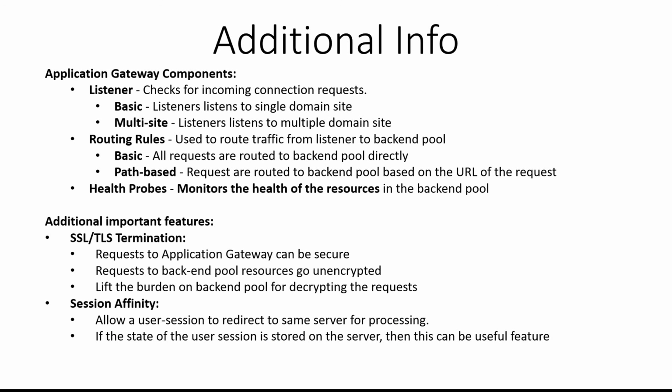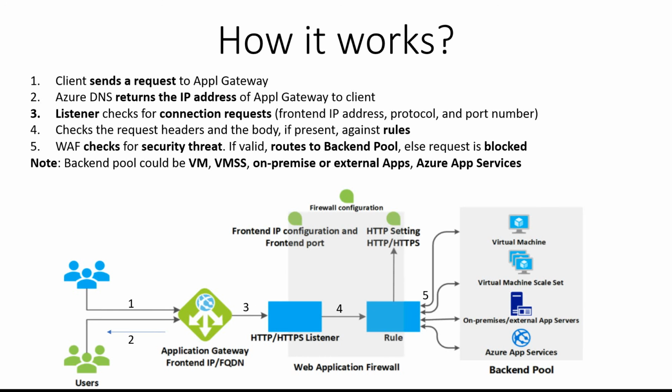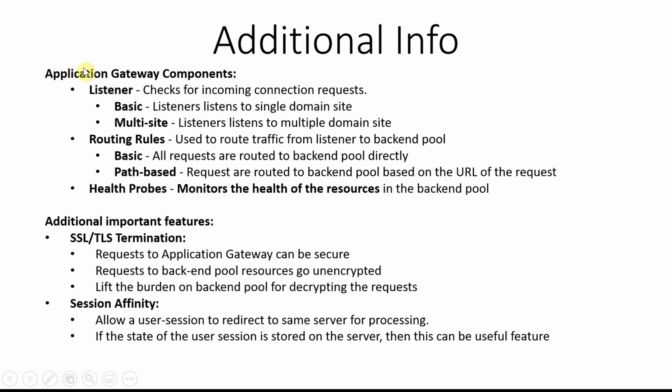And the other input is this listener, as you saw. The listener has combinations, so you have choices to make while applying this rule. You can use a basic listener or a multi-site listener. A basic listener listens to a single domain site.